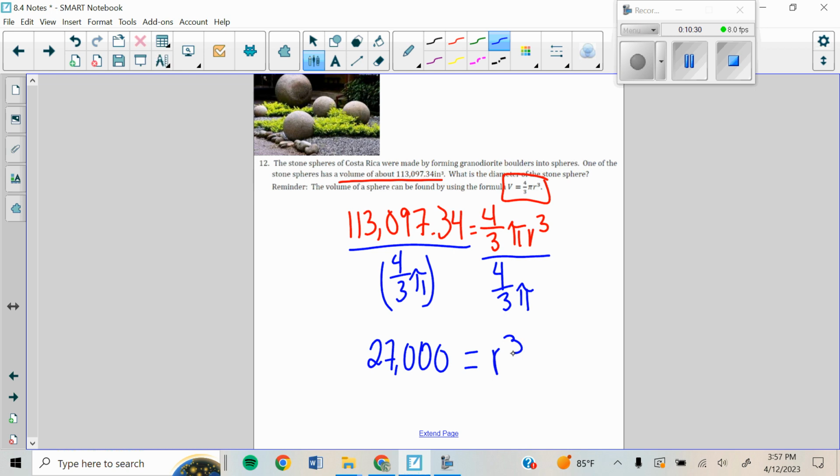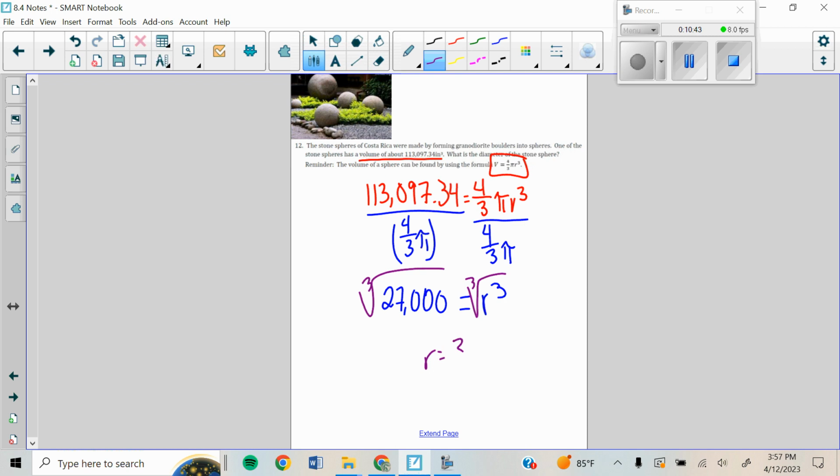And that's equal to r cubed. So we're going to take the cube root on both sides to find out what r is. Now r ends up being 30.0, but it's asking us for the diameter. So the radius is only half of it, so my diameter is 60.